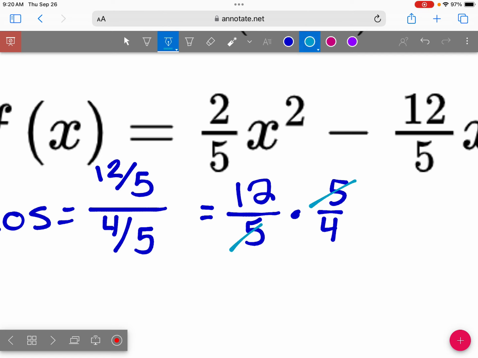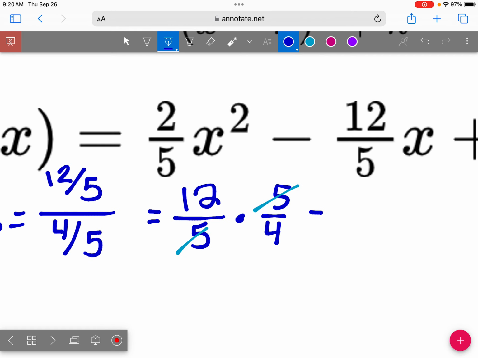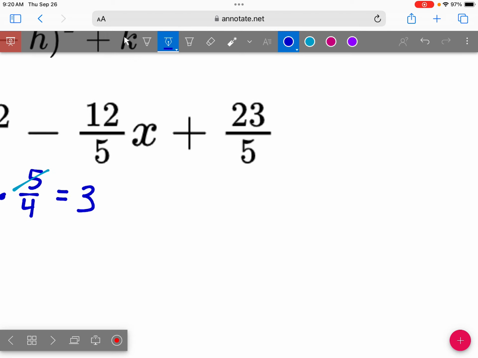My 5's cancel. Or you can see that since they're both fifths, you can cancel them here. So we wind up with 12/4, also known as 3. That's tolerable. We can do that. So in our vertex right now, I've got 3. Workable. That's doable.